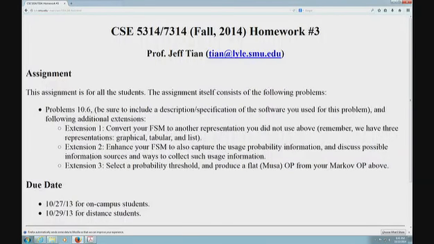There will be some discussion about how you get that information and how you convert this to the Markov OP. And the last one is the one that we haven't talked about yet, but we will: select a probability threshold and produce a flat OP from your Markov OP. We'll talk about how to do those things, but it's good to have an exercise.